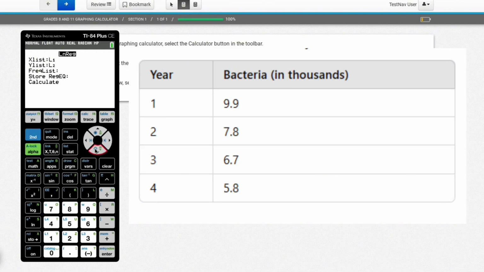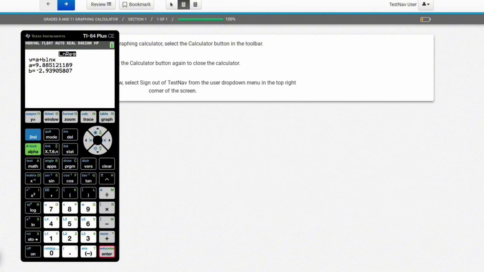Again, we need to store this, so we're going to go to store reg-EQ, vars, go right to y vars, enter, enter, and now that's going to store it in y equals once I hit calculate. And I need to hit calculate so I can answer A. And A is going to be gross. 9.885 plus, well, minus 2.939 ln of x.